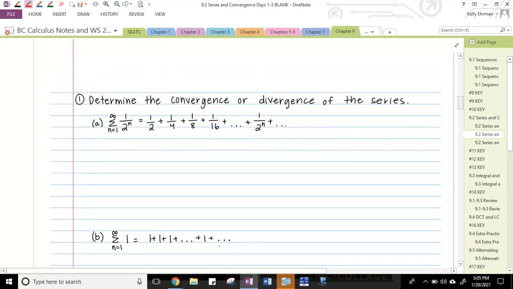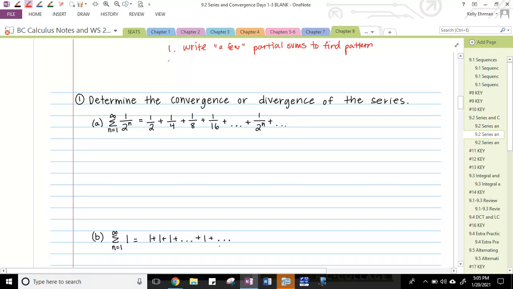All right, so let's determine the convergence or divergence of the series. Here's what we want to do. Let me write out the steps first. We want to write a few partial sums, there's no set number, to find a pattern.